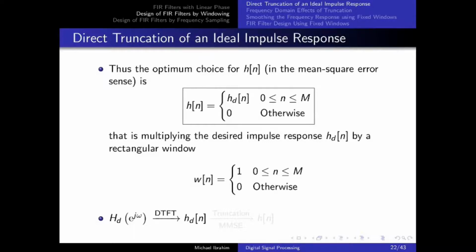That's why we take the frequency response, move it back to the time domain to get h desired of n. And then we apply a window, in the simplest case a rectangular window, which is equivalent to truncation of the impulse response. That's to kill the samples before 0 and kill the samples after M. This will give us h of n, the approximate impulse response of the filter we have.